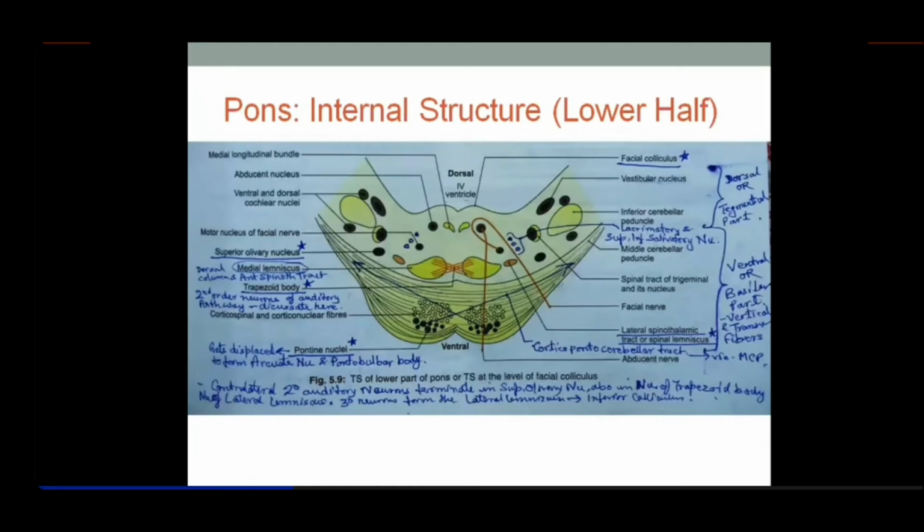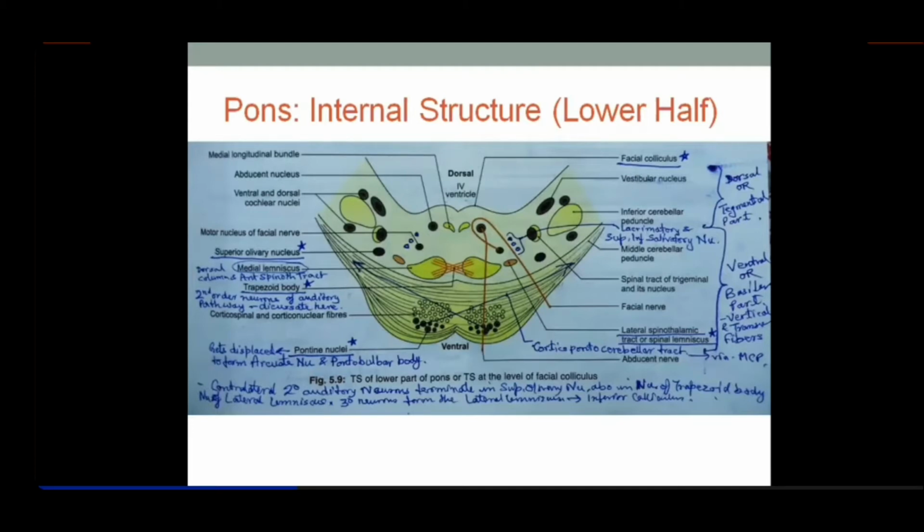These pontine nuclei are segregated, scattered small nuclei in the ventralmost portion of the pons, and during the course of development, some of them descend and reach the upper medulla. If you remember the upper section of the medulla, there was an arcuate nucleus placed anteromedial to the pyramids. That arcuate nucleus is actually a downward extension of the pontine nuclei.